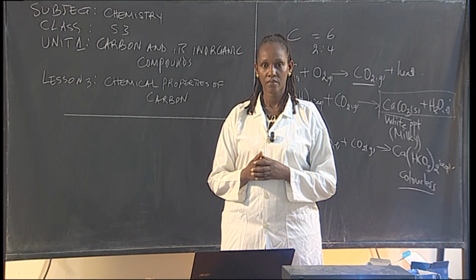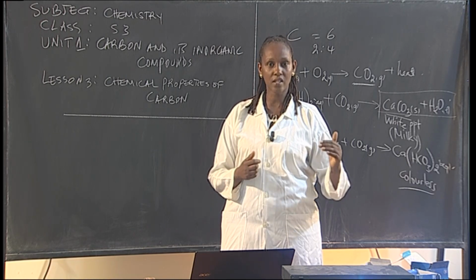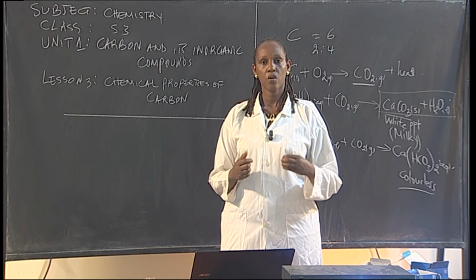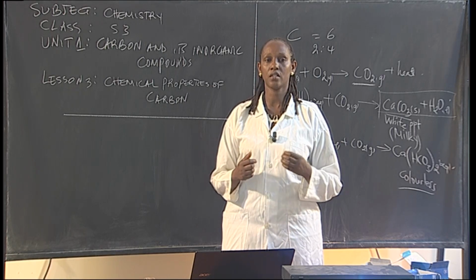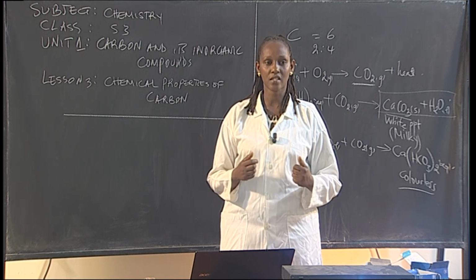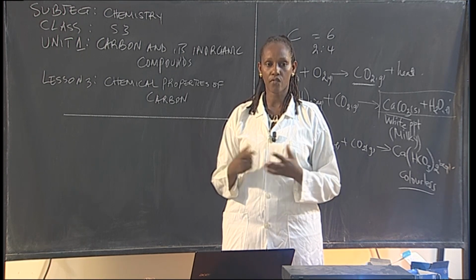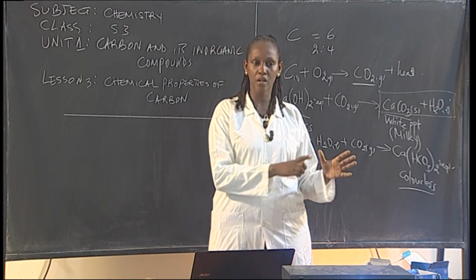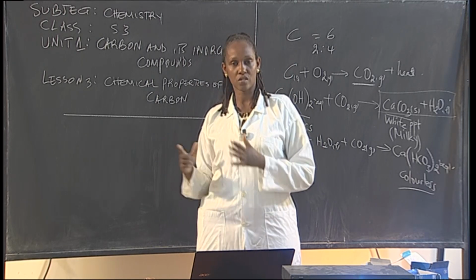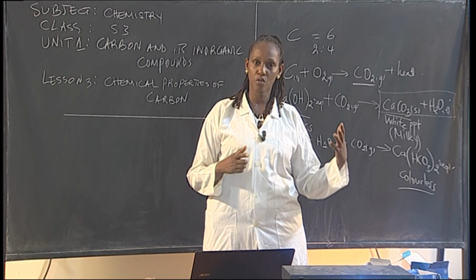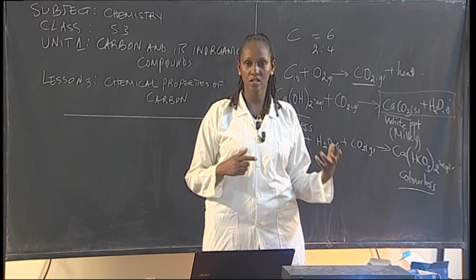So it comes as a result of carbon removing the oxygen from either concentrated sulfuric acid or nitric acid and adding it onto itself. This acid will oxidize the carbon to form carbon dioxide gas, which will turn the lime water, that is calcium hydroxide, milky.